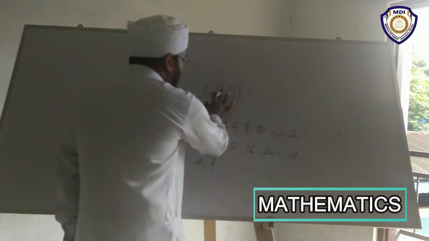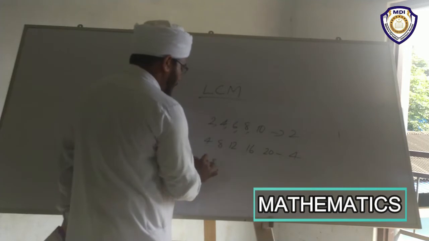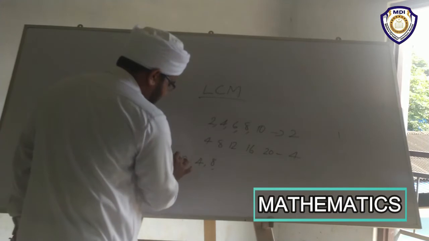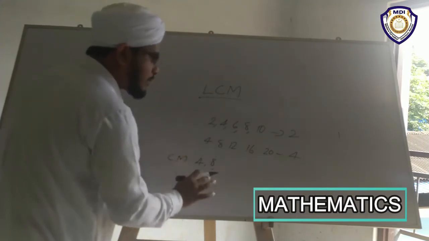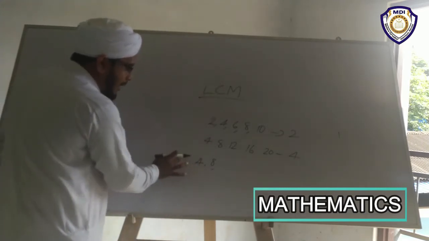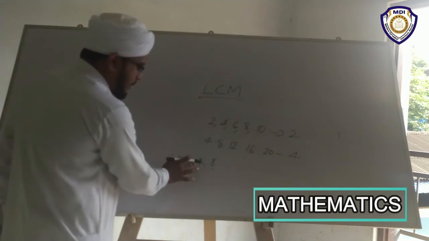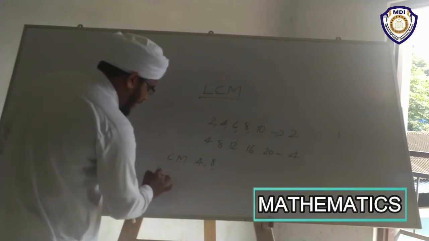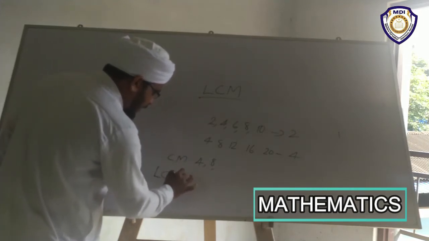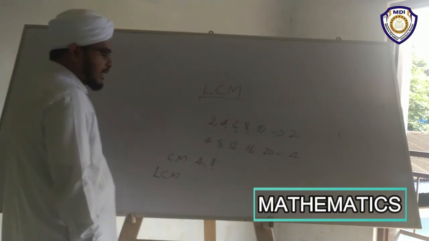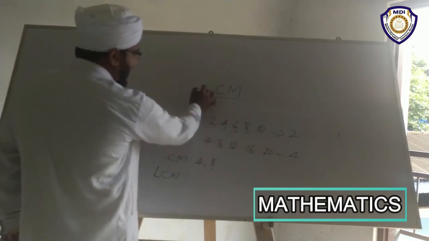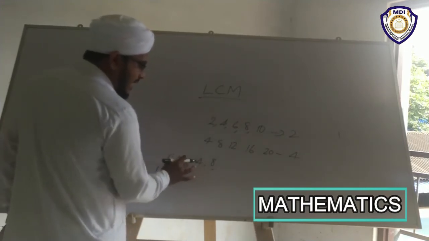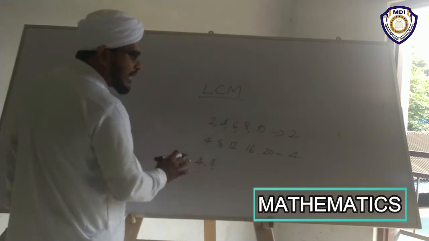LCM means, CM means common multiple. Here these are the CM, not chief minister. Common multiple: 4 and 8 are common multiples here, but we have to find the LCM. Which is the least? 4 is the least common multiple. 8 is greater than 4.